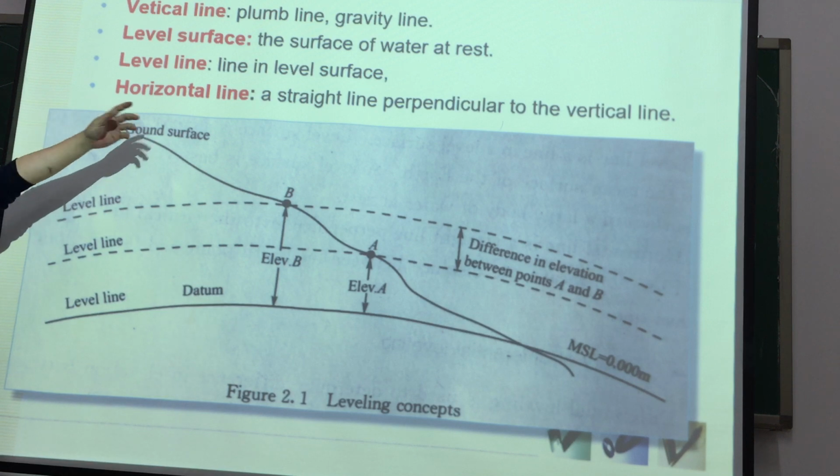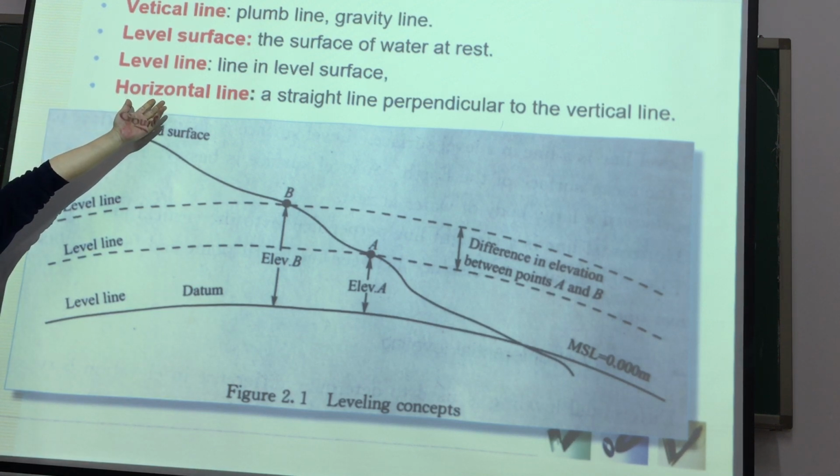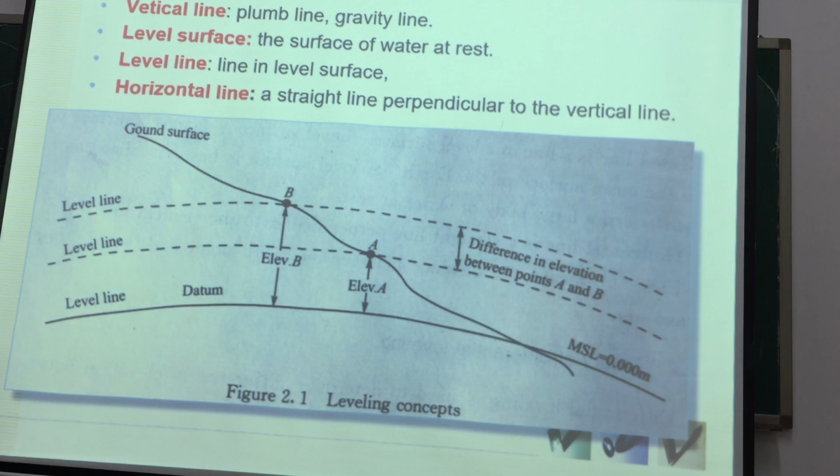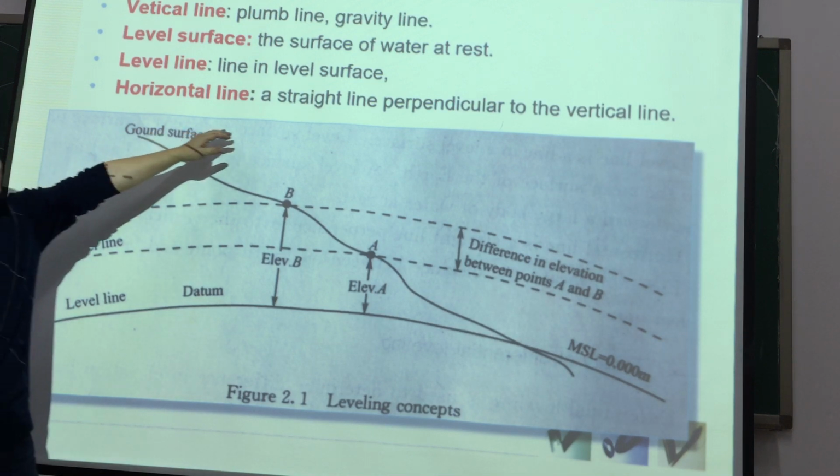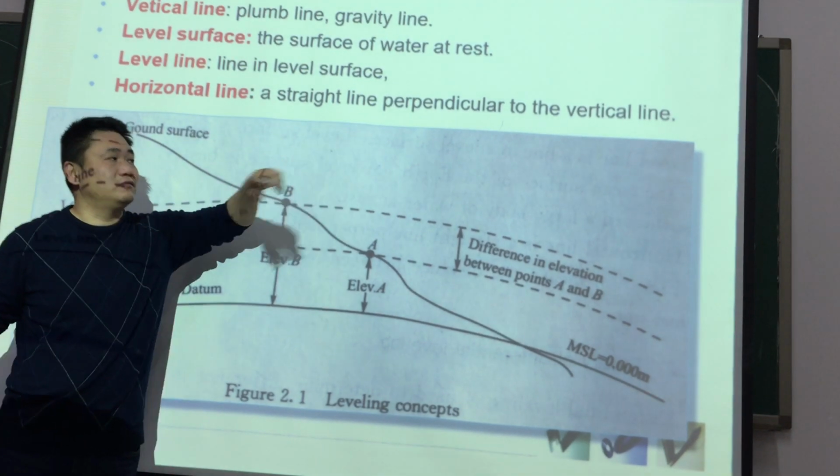Like this, you also have many, innumerable. Any level line we can use as the reference line for the operation of instruments. And another is the horizontal line. The horizontal line is a straight line perpendicular to the vertical line.